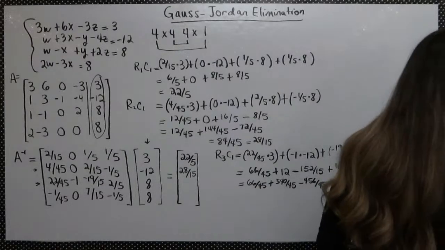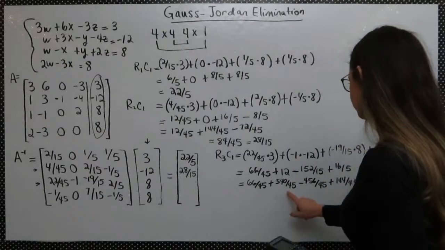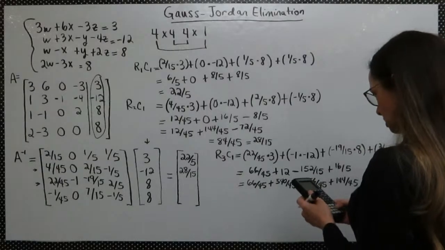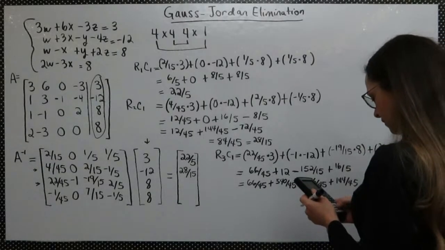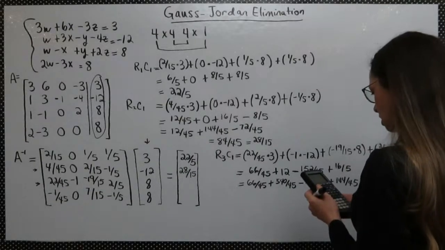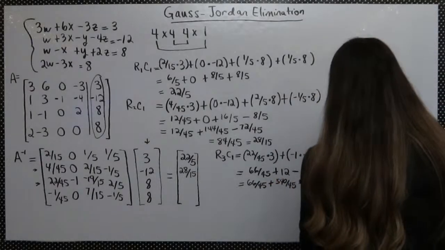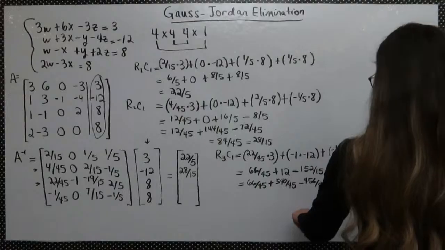Perfect. All right, so we're going to add the positives first and then subtract the negative. So we've got 66 plus 540 plus 144. So that is 750. I'm going to put it here so I have room down here to do the row 4, column 1.